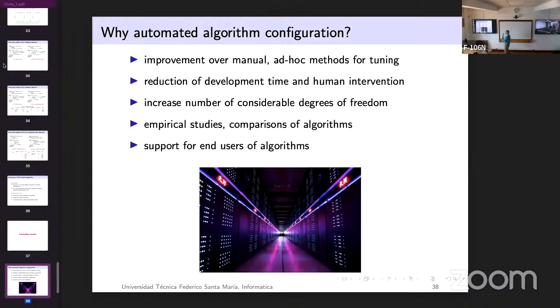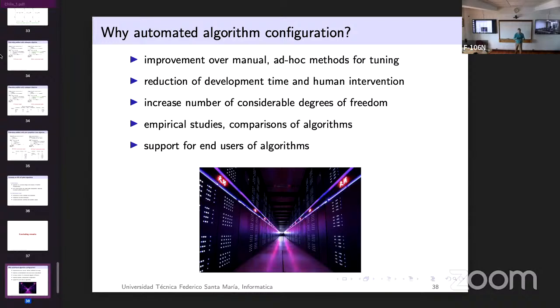You have empirical studies for comparisons of algorithms. When you make an algorithm configuration, why do you take the parameters that someone invented? Or if you take, for example, a different problem, why? You have to use irace or SMAC or something like this. And it's a protocol for end users of algorithms. And also, a cluster is something small if we have it in the cluster.